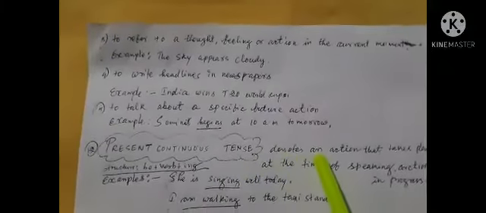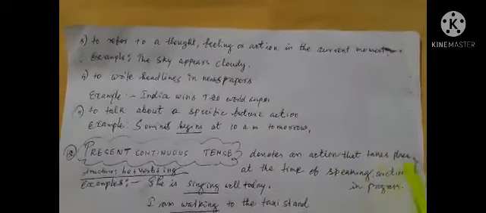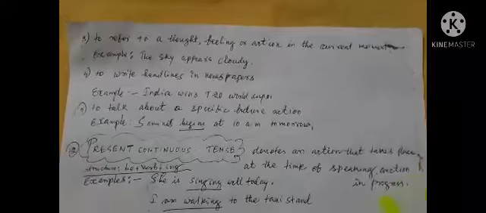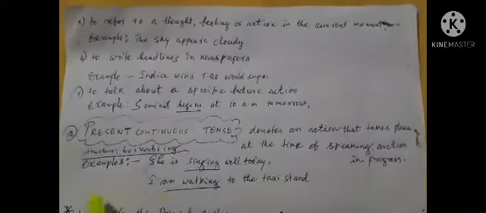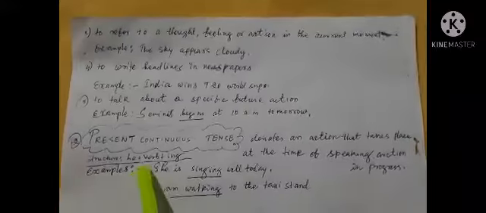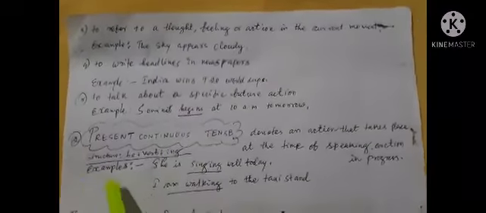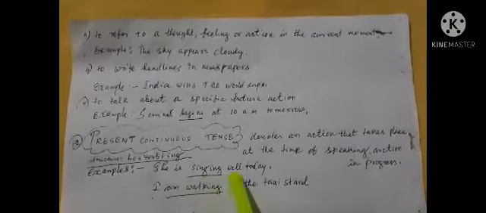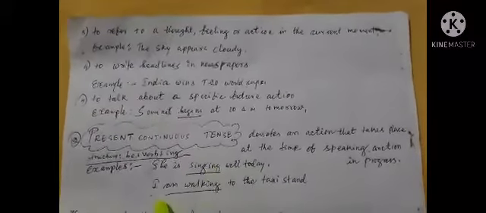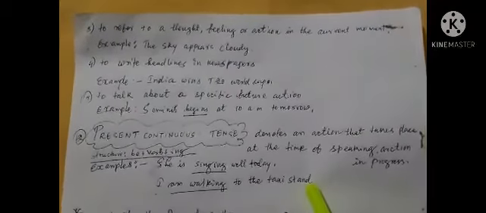It denotes an action that takes place at the time of speaking or action in progress, and its structure is be plus verb plus ing. For example, she is singing well today. Here the verb is singing. I am walking to the taxi stand.